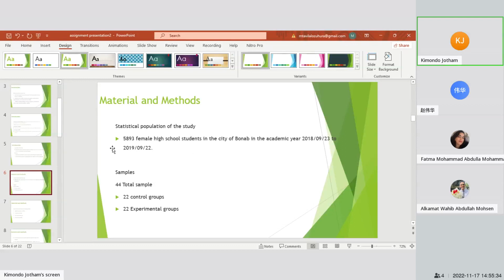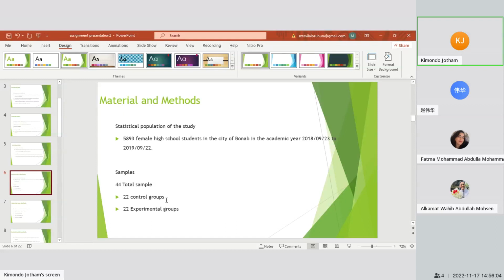So this study covered a population of 5,893 female high school students in Bonab City. They selected only a sample of 44 students, and they divided this sample into two groups.